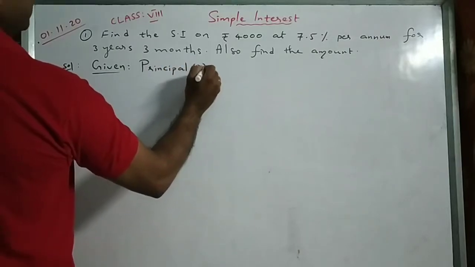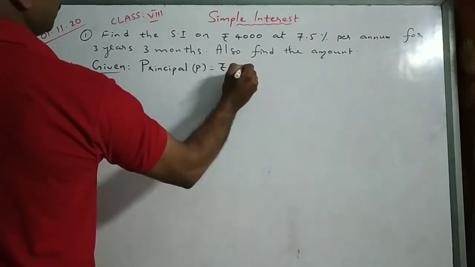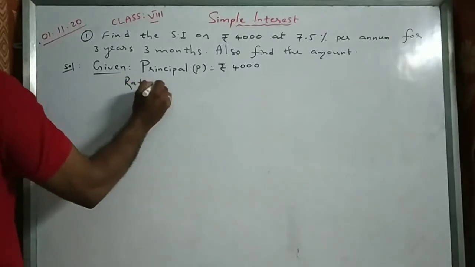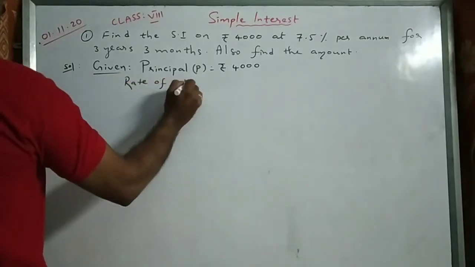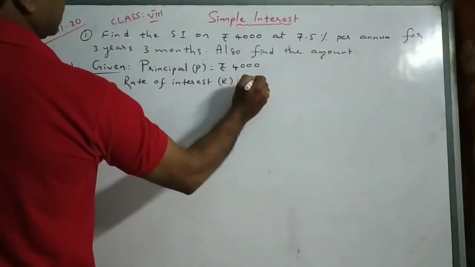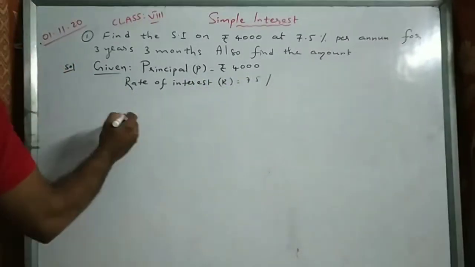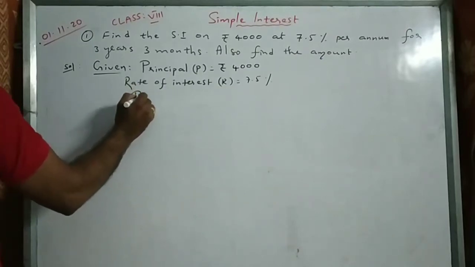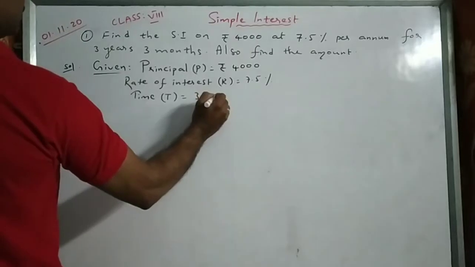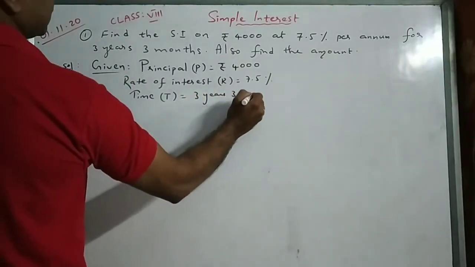Principal amount P is equal to rupees 4,000. Rate of interest R equal to 7.5%. Time T equal to 3 years 3 months.